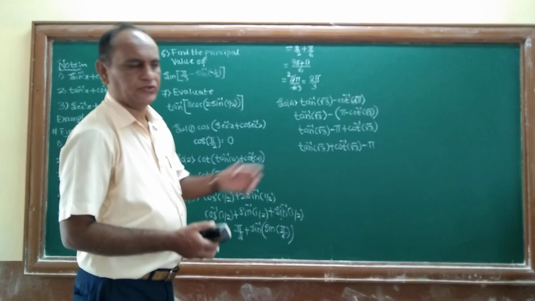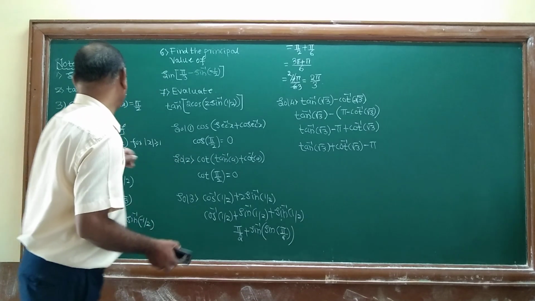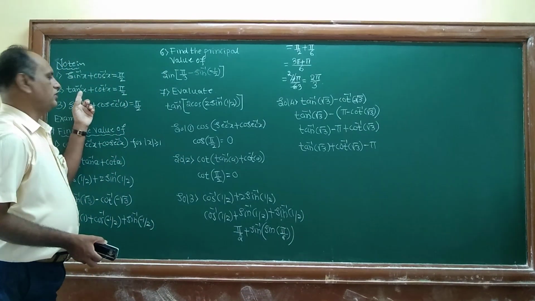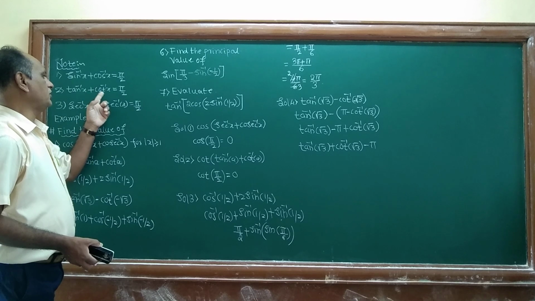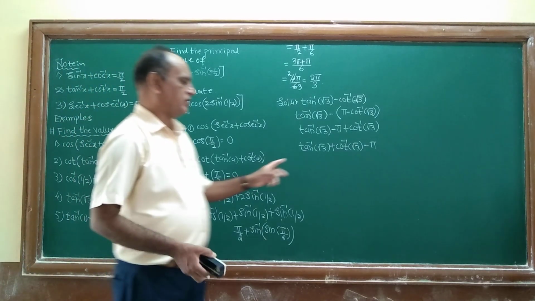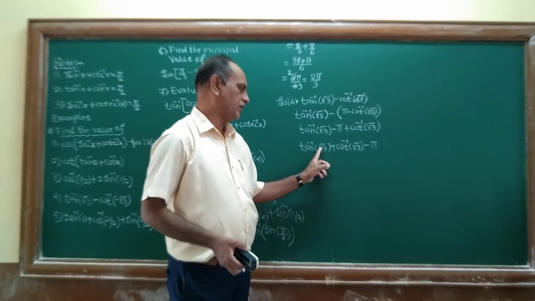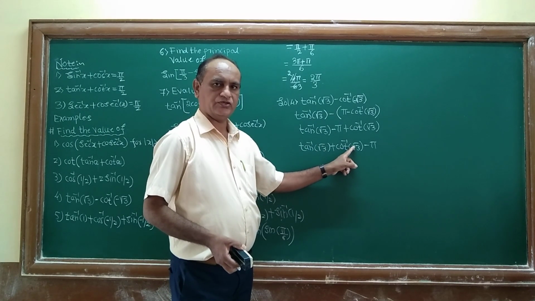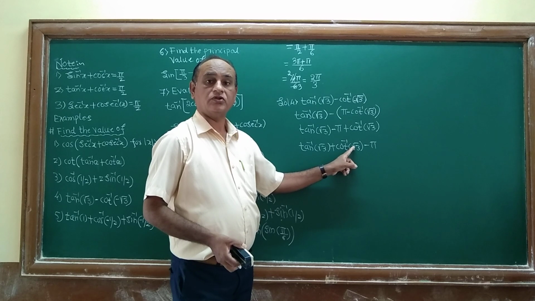Note this point, we know that tan inverse x plus cot inverse x is equal to pi by 2. Here tan inverse root 3 and cot inverse root 3 are the same, so you have to apply this point.